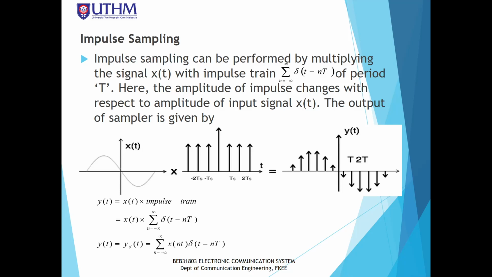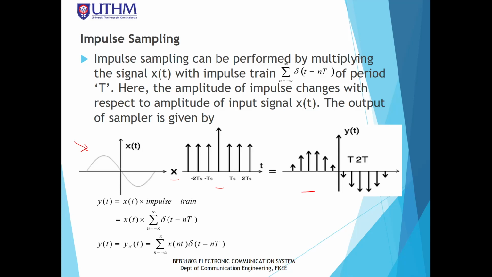The input analog signal is multiplied in the time domain with the delta function, or the impulse function, to produce a PAM signal. Remember, the PAM signal is still analog, it's not yet digital.